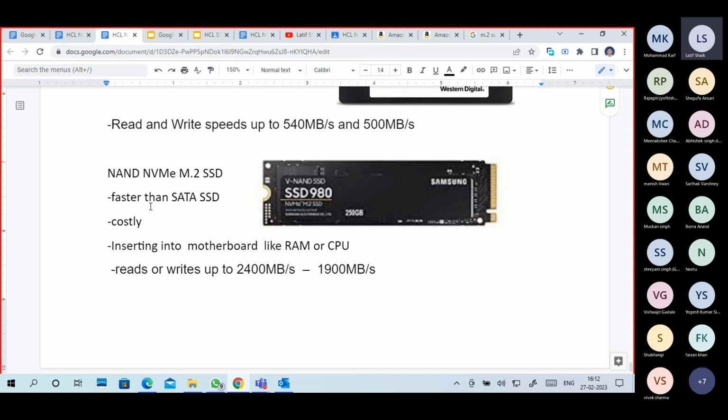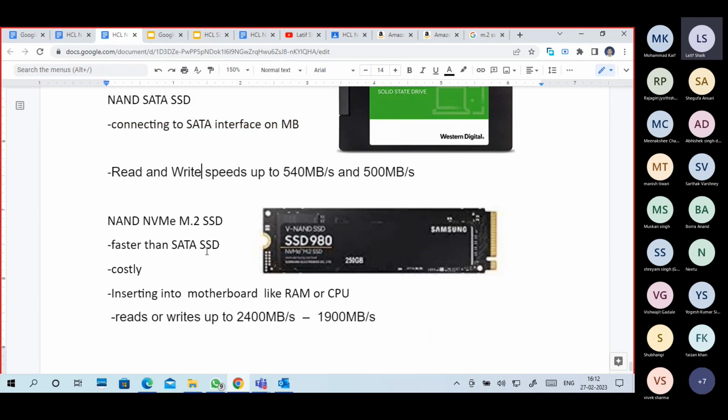M.2 type SSDs can be inserted directly into the motherboard, so the data transmission speed is very high compared to a SATA interface SSD. You can see the read and write speed, a huge difference, almost 4 times.